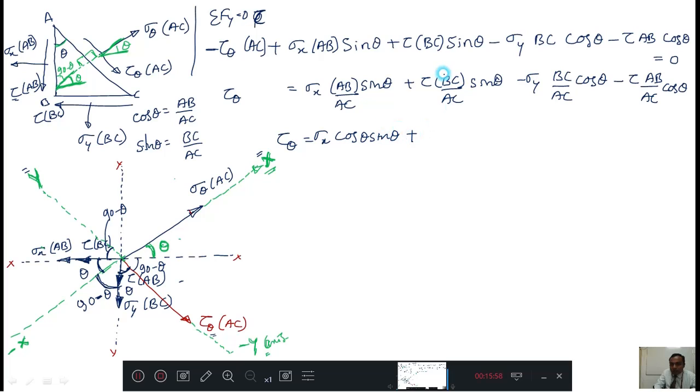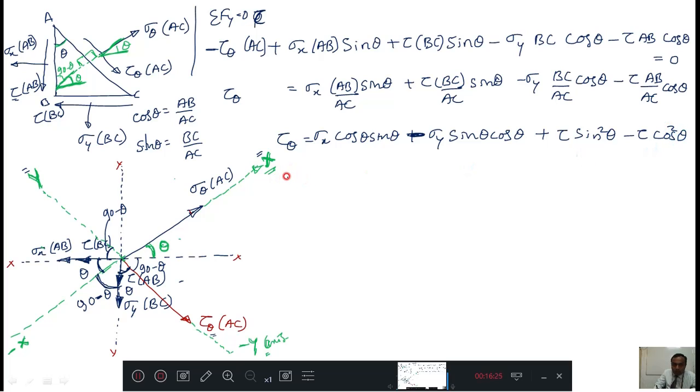Plus I will bring this one. So therefore this is minus sigma y, BC by AC is sin theta. This becomes sin theta cos theta. Then this one I will write plus tau, BC by AC is sin theta, therefore it is sin square theta minus tau cos square theta.